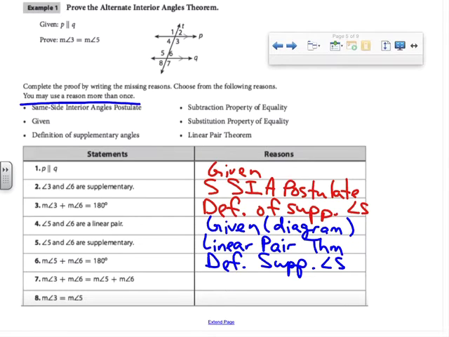Now, something really interesting is happening, and I want to make sure that you notice it. Look at these two equations that both have this 180 in them. In those two equations, the right side of the equation is 180.